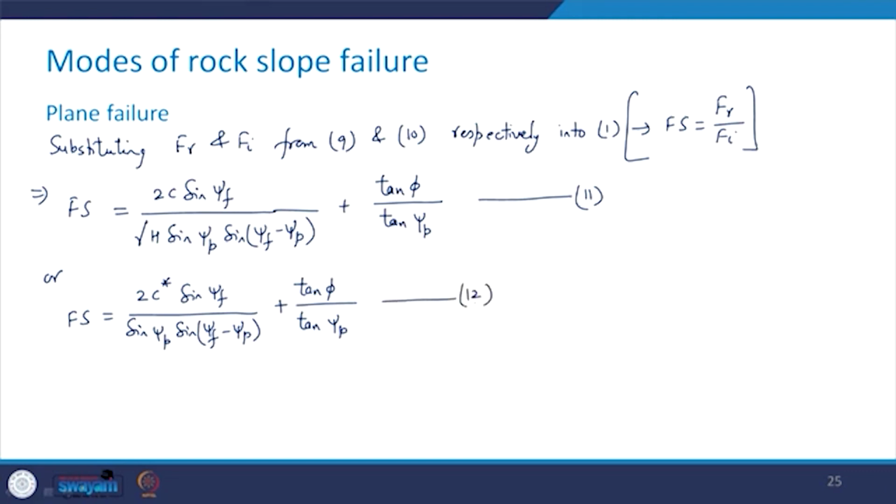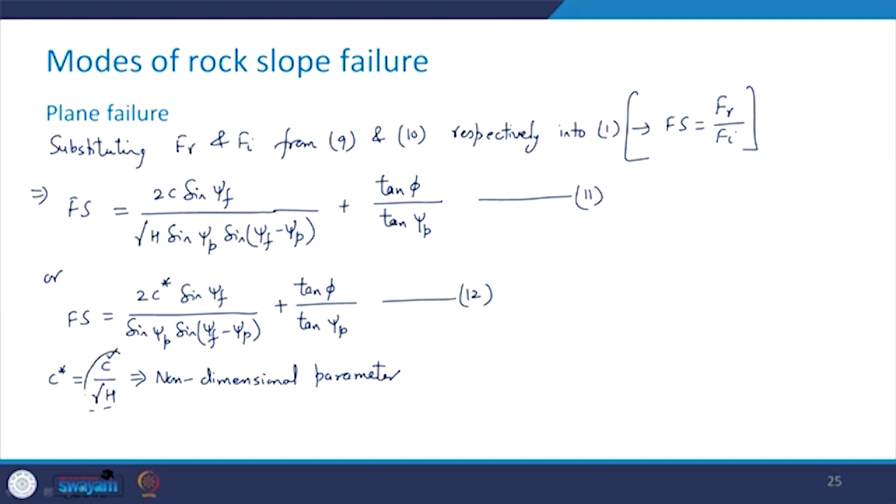Equation number 12. Now, see this term c star, that is equal to c upon gamma times h. This is the non-dimensional parameter. Why? Because the unit of c is the unit of the stress, that is kilonewton per meter square, and gamma h is again kilonewton per meter square.